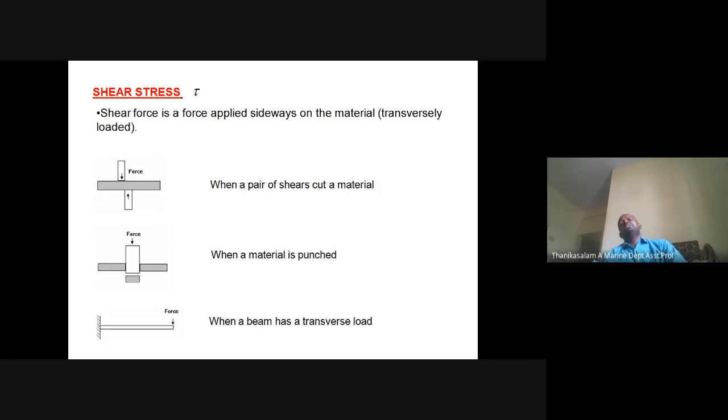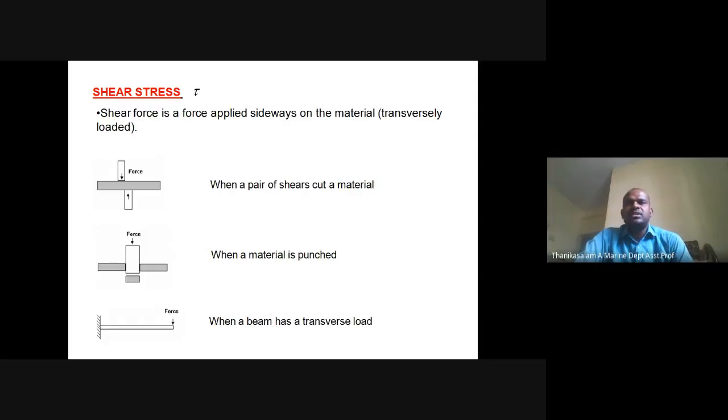So we have discussed what is stress, strain, and elasticity and the stress-strain curve of mild steel. Next, another stress: shear stress. Previously, we discussed compressive stress and tensile stress.